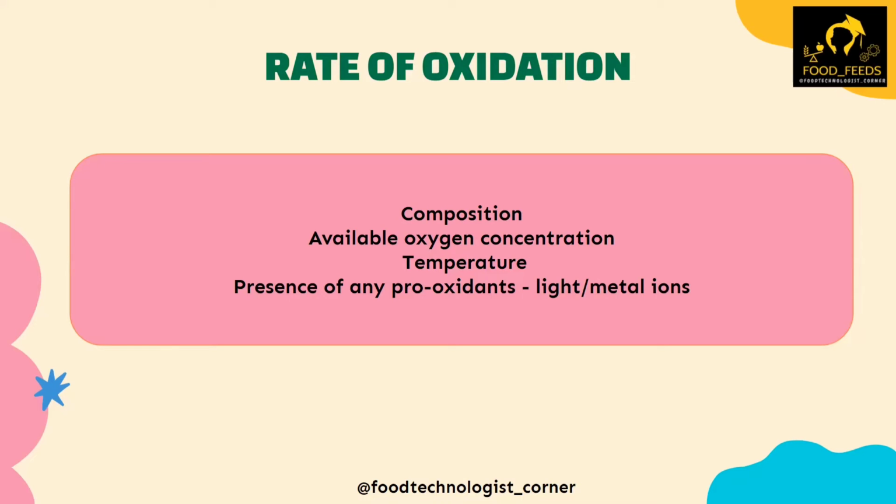So basically, removal of oxygen will help us maintain the quality of the food. Now we know the reasons why we need to remove oxygen. So now the question is how to remove this oxygen.